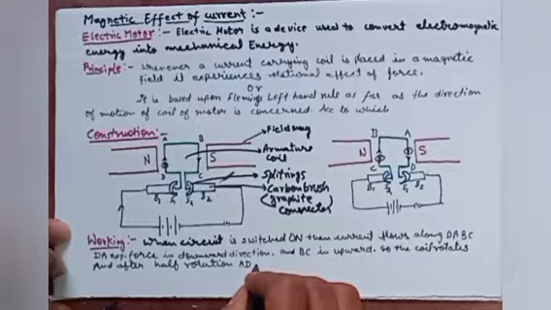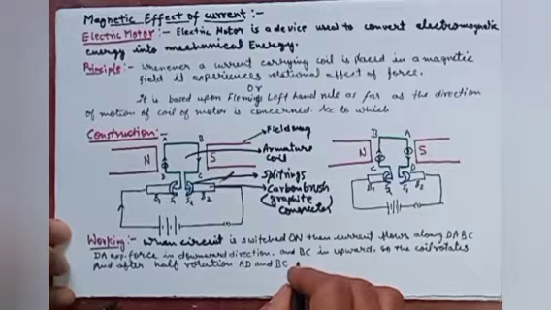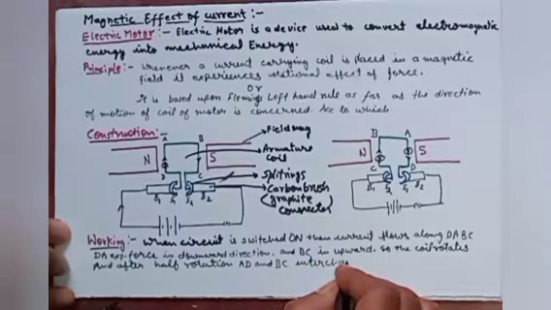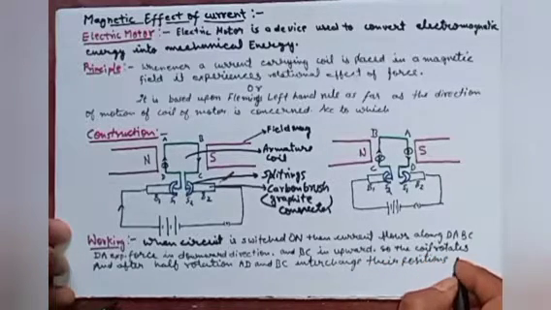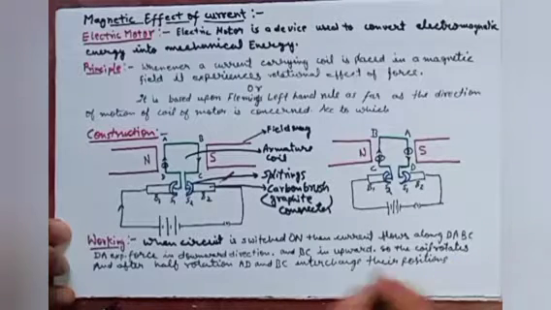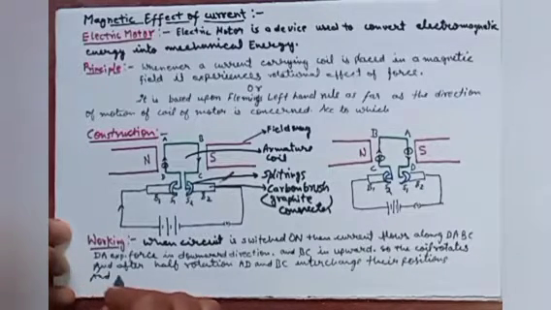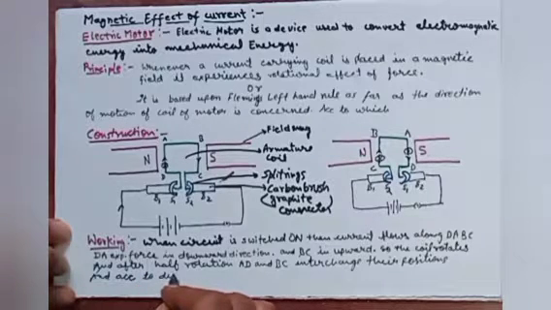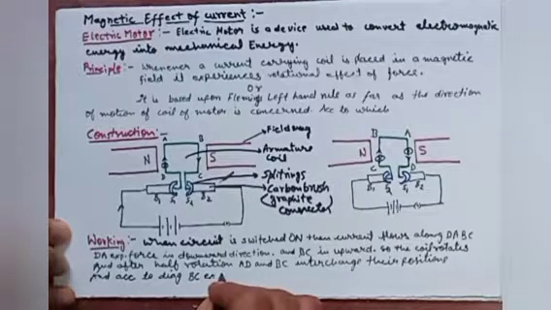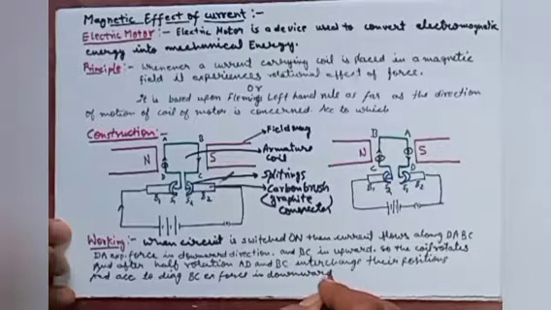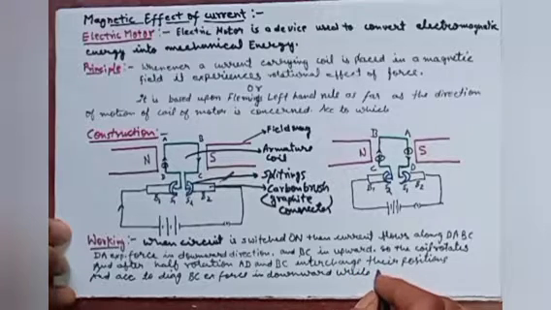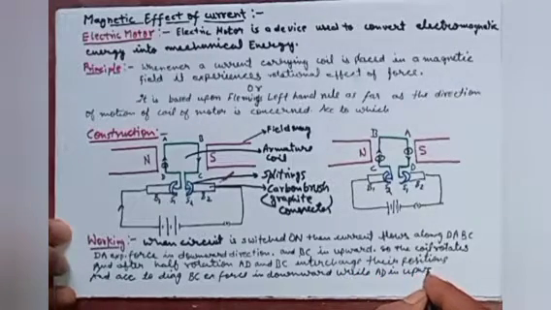Okay, I'll write this thing here. AD and BC interchange their positions, and according to diagram, BC experiences force in downward direction, while AD in upward direction.